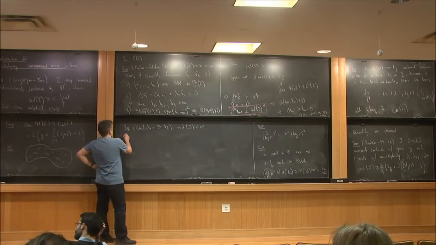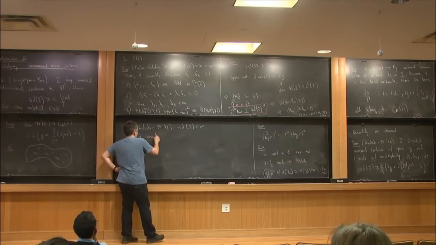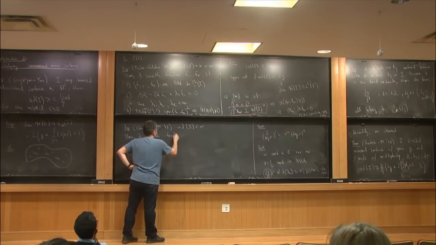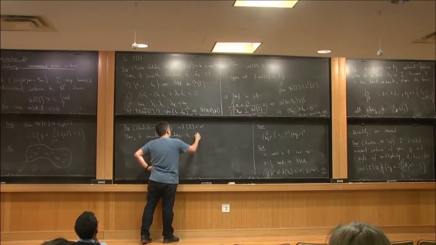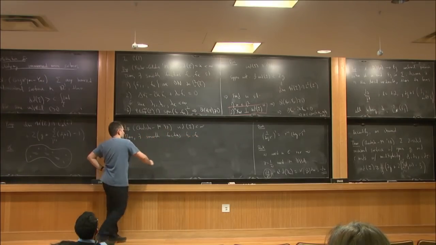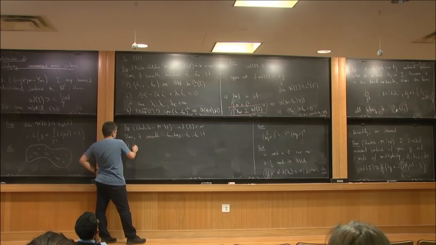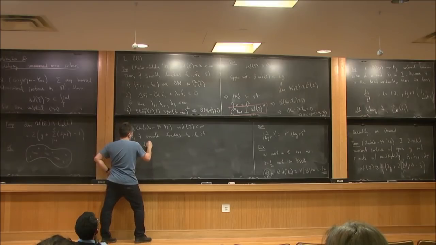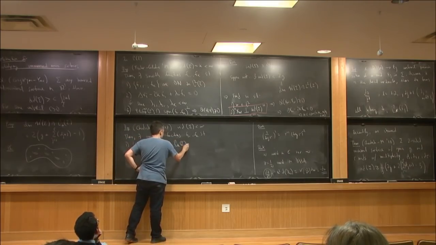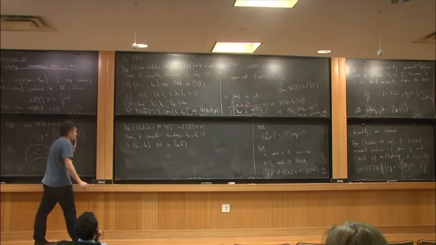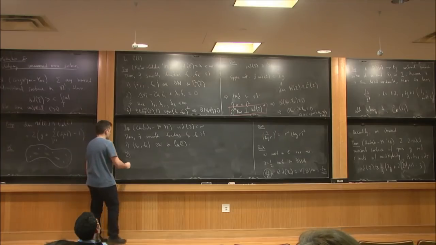So then there exist smooth functions f1, ..., fk such that, one, they are orthonormal in L2 star of sigma. Two, they're going to satisfy the eigenvalue equation.